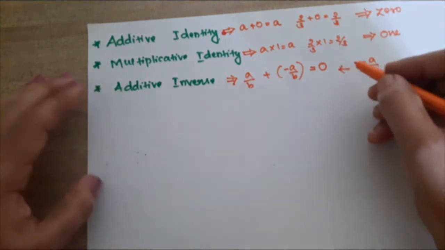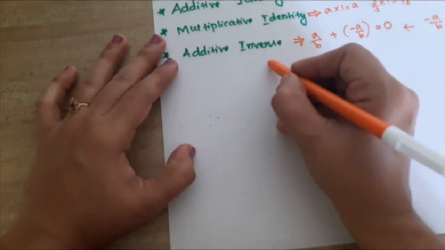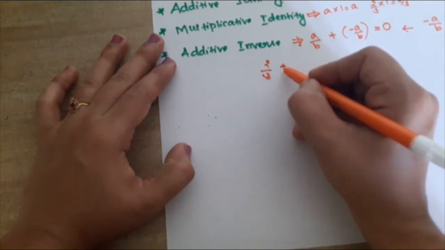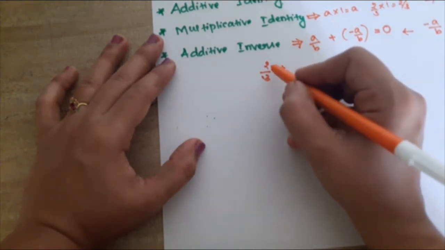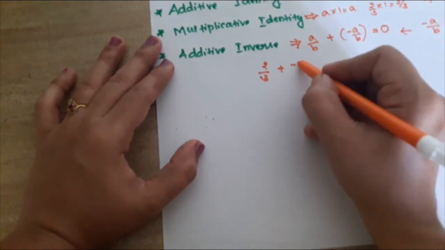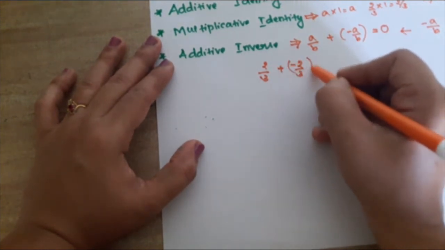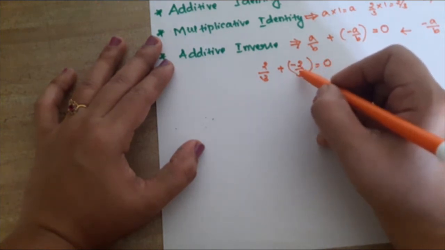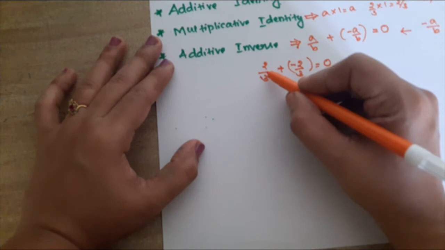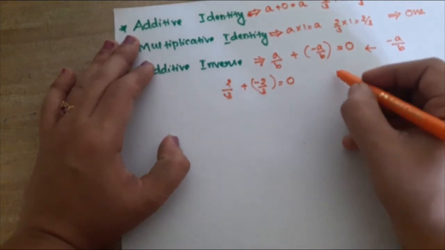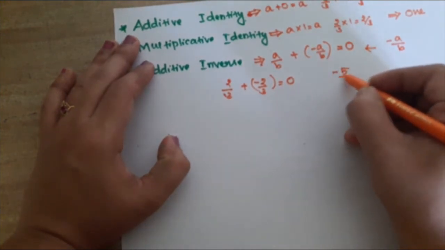Taking an example, 2 by 3, we have to calculate its additive inverse. When we add minus 2 by 3 to 2 by 3, we get the number 0. So minus 2 by 3 is the additive inverse of 2 by 3. Consider another example, minus 5 by 9.